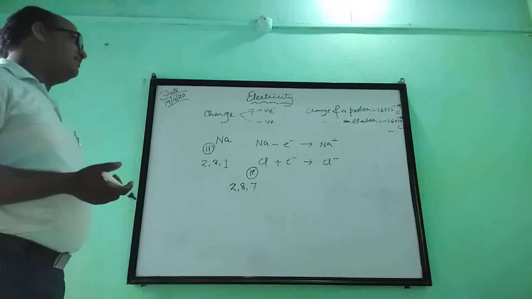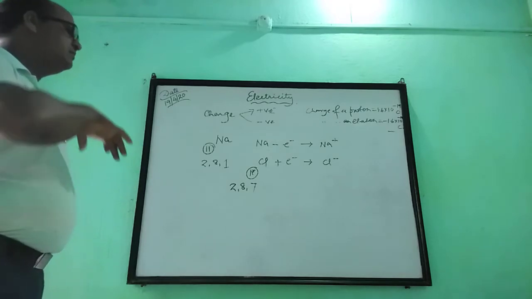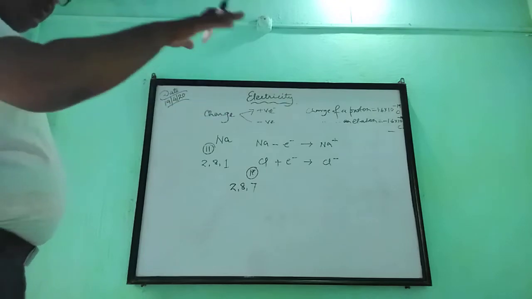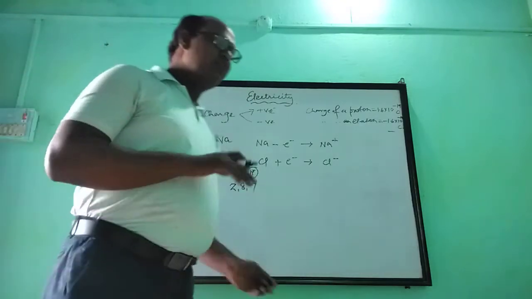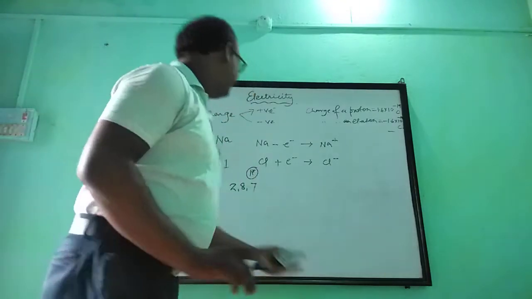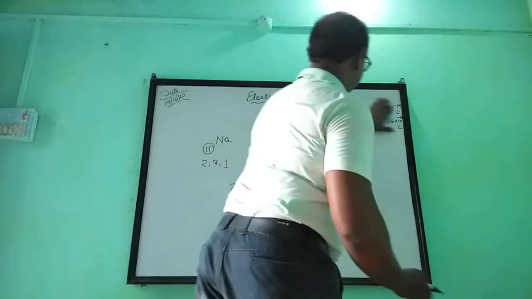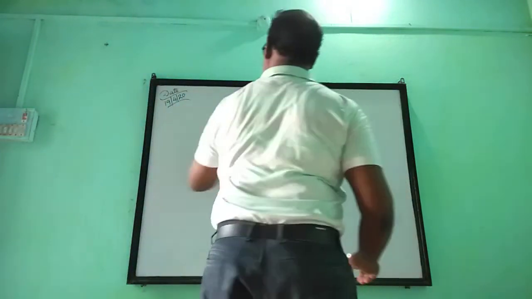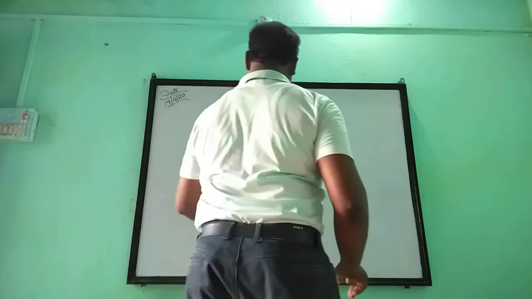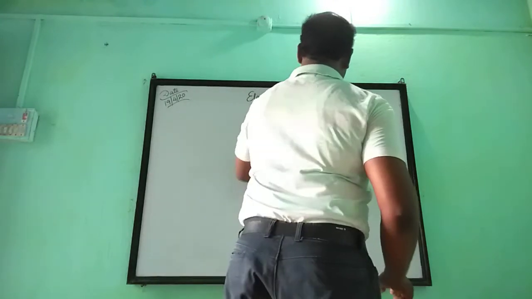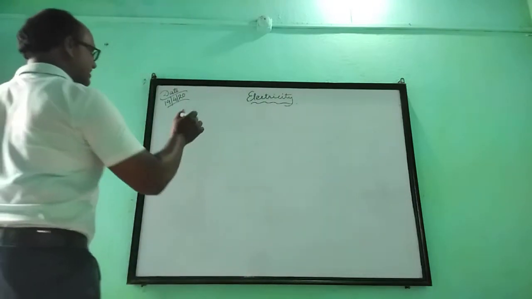And electricity is produced when electrons flow through a conductor. That means you know about the atom, electron, proton and charge. Now flow of electron is called current.